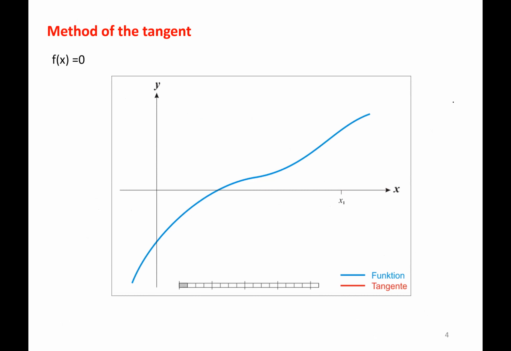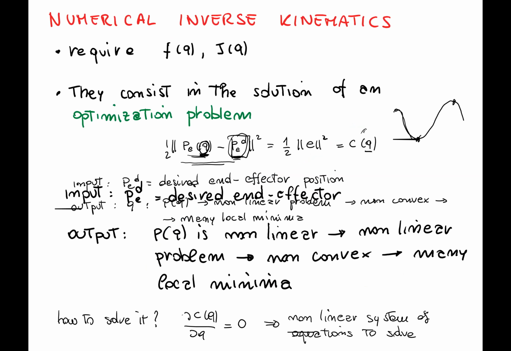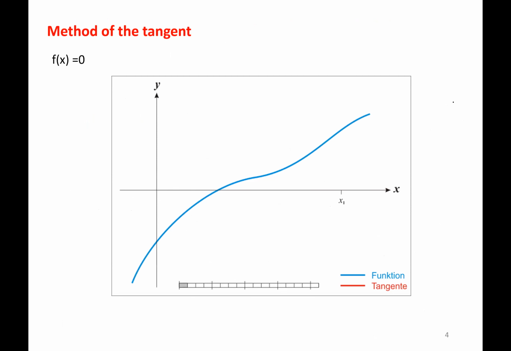But let's recall something from calculus, that is the method of the tangent. This is the method to find the root of a nonlinear function. You start from a point, a guess, you evaluate the function, you compute the derivative, you find the zero of the linear approximation, and then you update again, and repeat the procedure until you converge to the real zero.